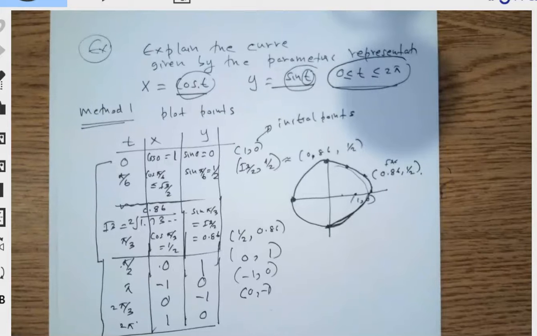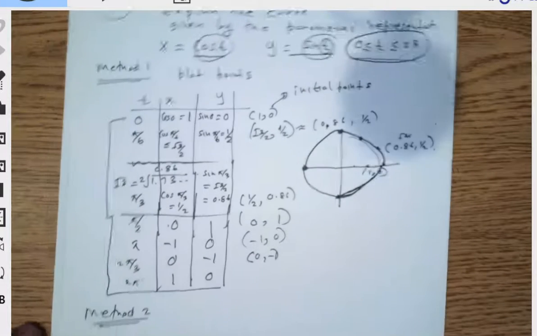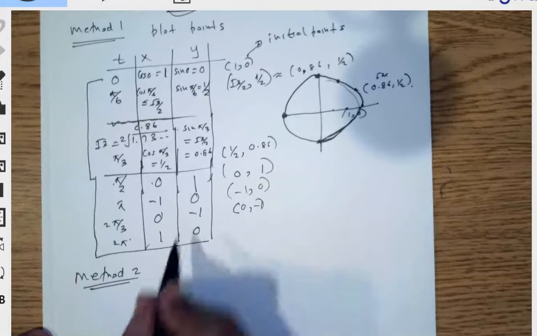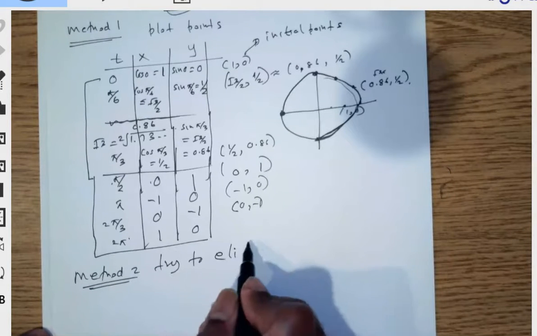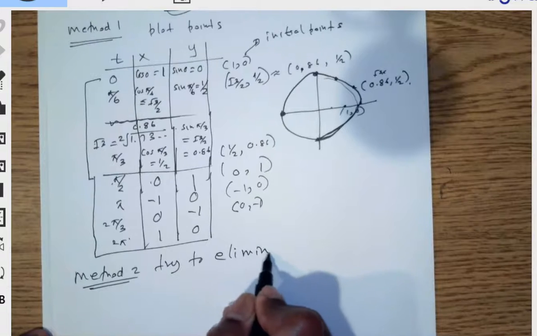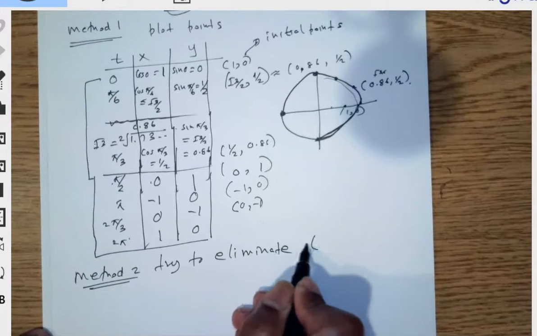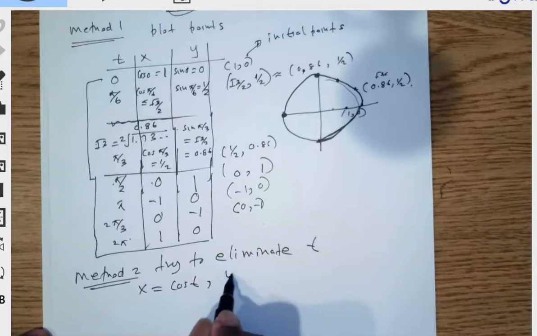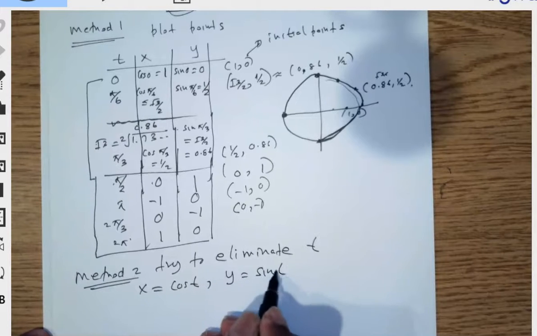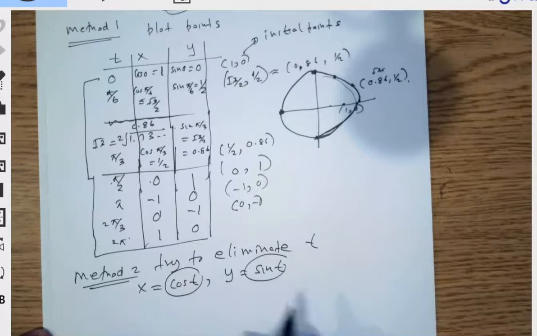So method 2, what you do is you try to eliminate t. So we have x equals cosine t and y equals sine t. So you try to get a connection between the cosine and the sine from which you can eliminate the t.